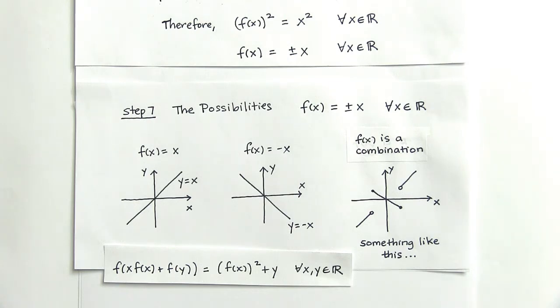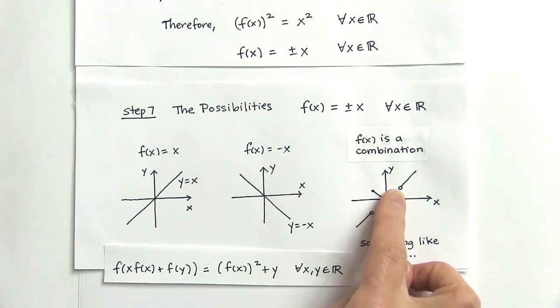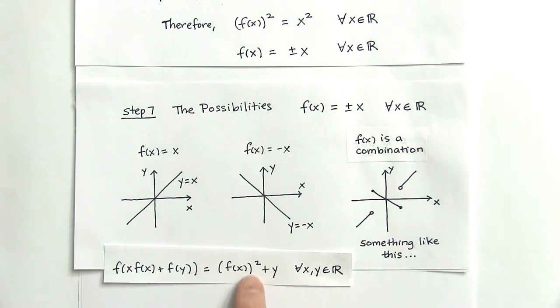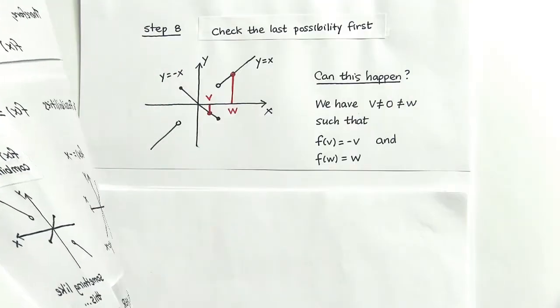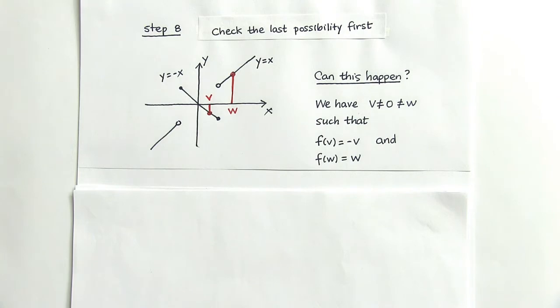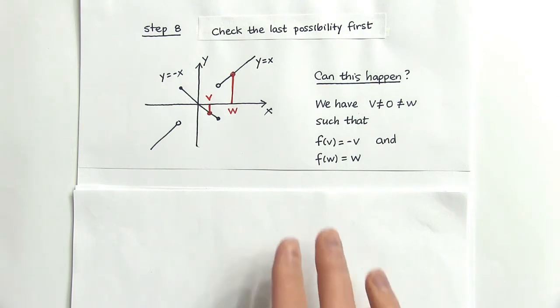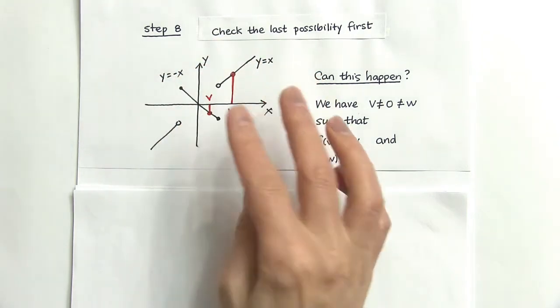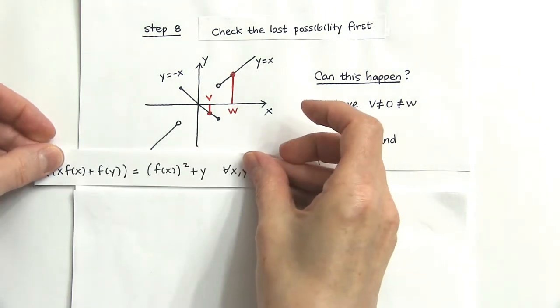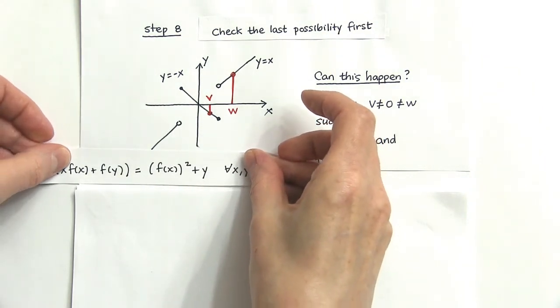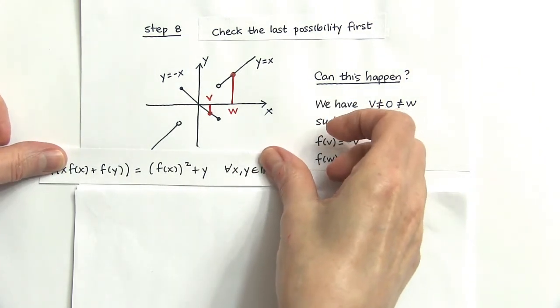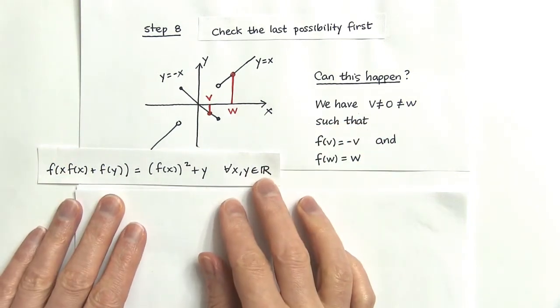So I want to know if a function like this could satisfy this condition. I'm going to consider this possibility in step 8. For step 8, I want to know, does a function like this satisfy the condition stipulated in the problem for every pair of real numbers x and y?